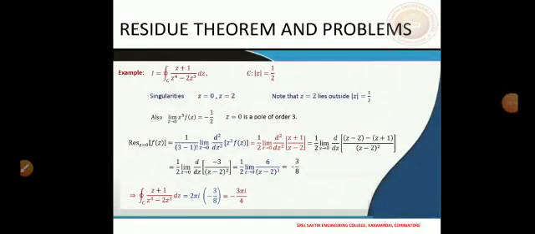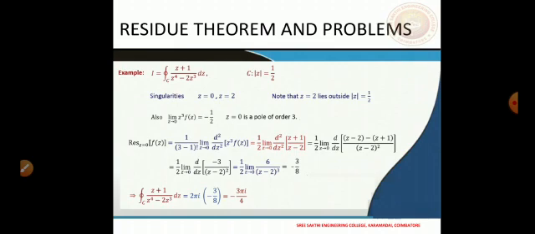So another example, now here we have f of z equal to (z plus 1) over (z power 4 minus 2z cube), and the circle is modulus z equal to half. So now the circle of radius half. If we discuss the singularities here, we have z cube and then z minus 2. So z equal to 2 is a singularity, and z equal to 0 is also a singularity.